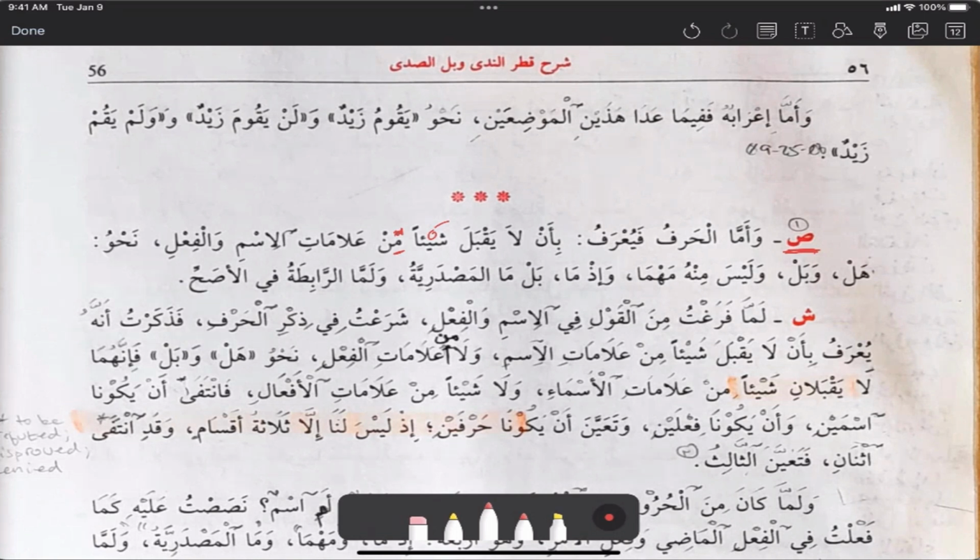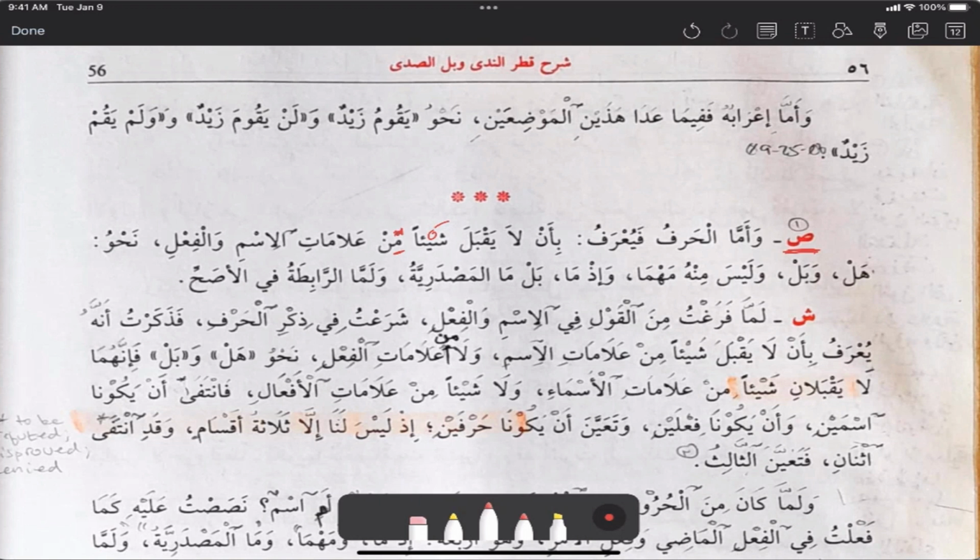Yani, it's identified by not being identified as a nominal nor as a verb. That's its sign. Its sign is the lack of a sign.